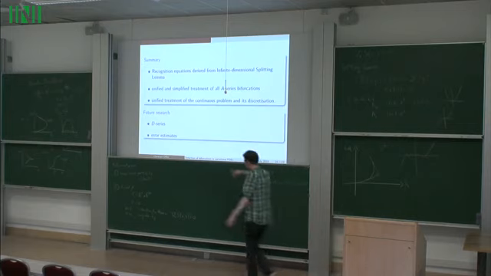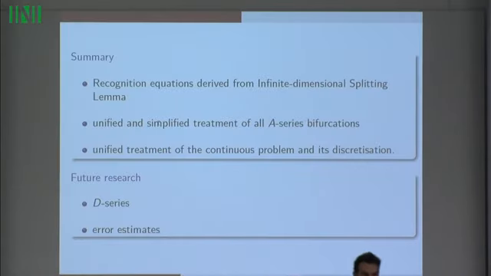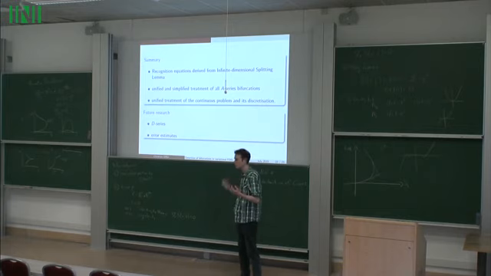But for D-series bifurcations, it's crucial for exactly that reason that you use a variational integrator. If you destroy the variational structure, the D-series bifurcation will not be persistent anymore, and then your small discretization error will be exactly the perturbation that destroys your bifurcation. If you use a variational integrator, the D-series bifurcation is stable, and then your small discretization error will not destroy the bifurcation. It will just move the bifurcation to another point.